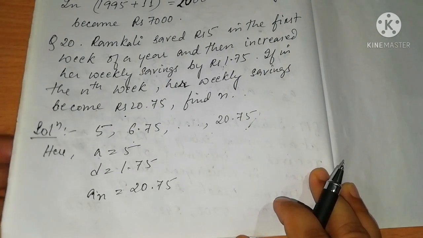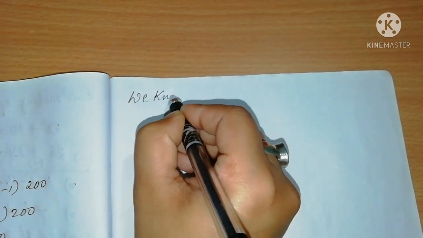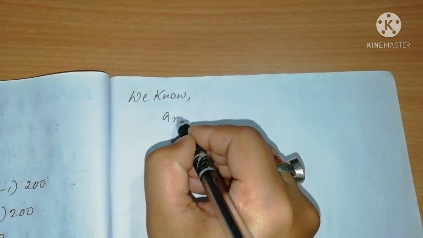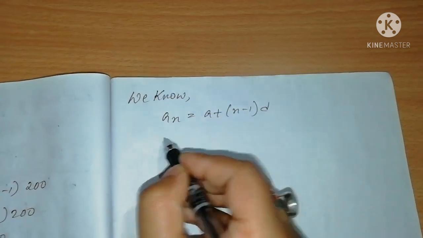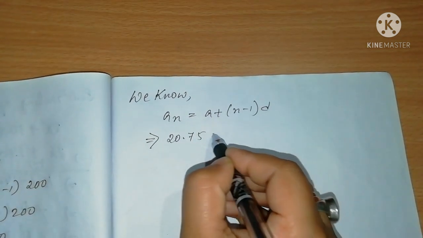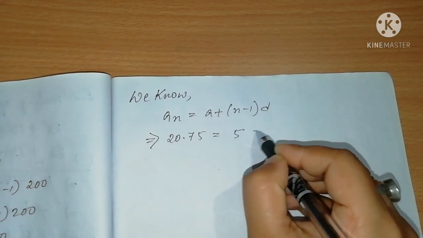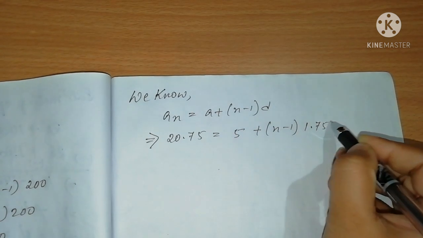So as we know, AN equal to A plus N minus 1 D. AN is given as 20.75. A is your 5, N minus 1, D is your 1.75.